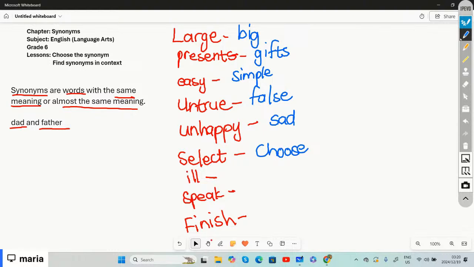All right. And another word for ill is sick.